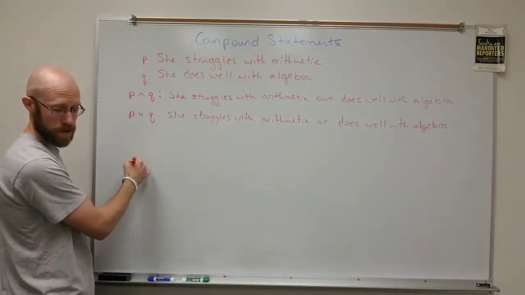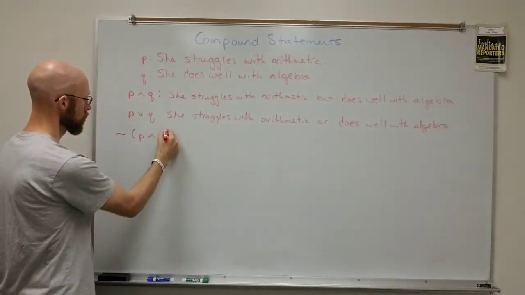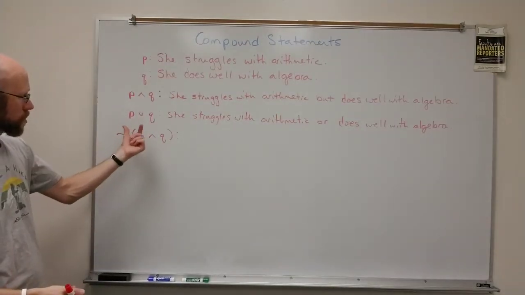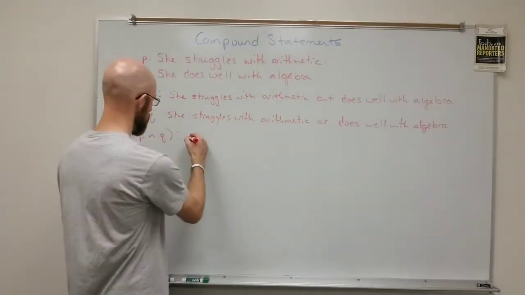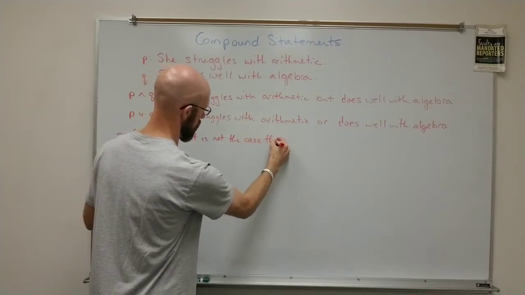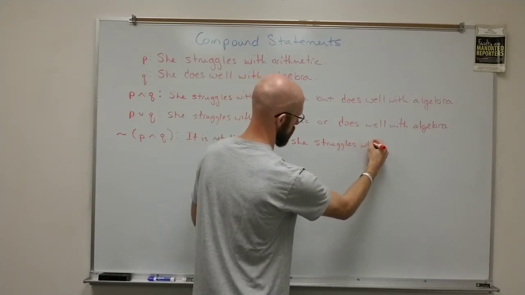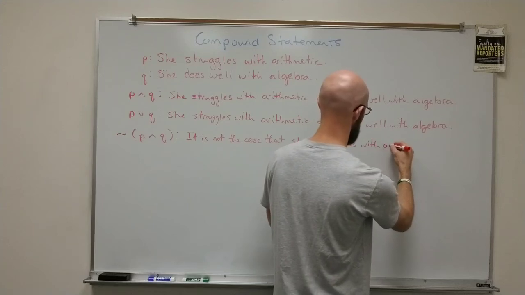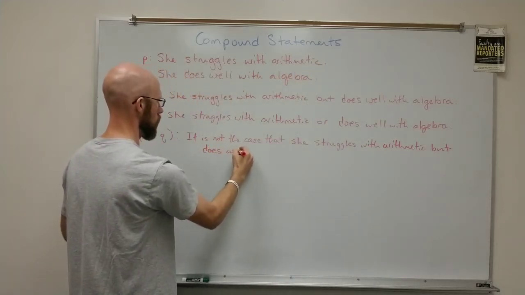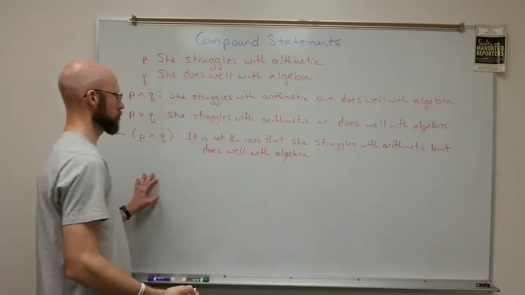So for instance, maybe we have not, parenthesis, P and Q. Okay, so the translation of this, it is not the case that she struggles with arithmetic but does well with algebra. Okay, so that would be the translation.